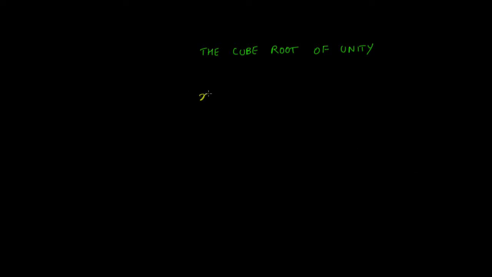We say x cube is equal to 1, which means x cube minus 1 is equal to 0. Now, if we remember the formula a cube minus b cube, it's equal to a minus b into a square plus ab plus b square.